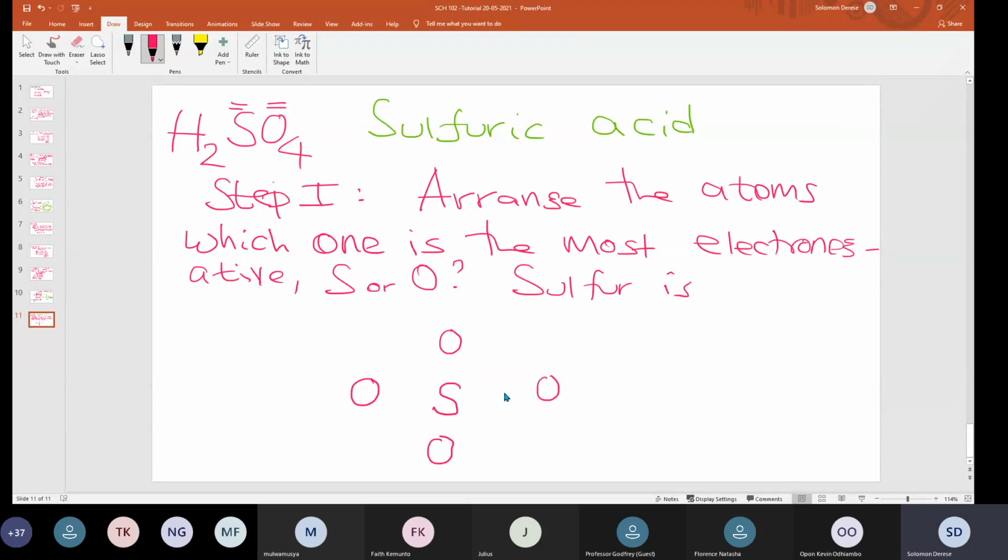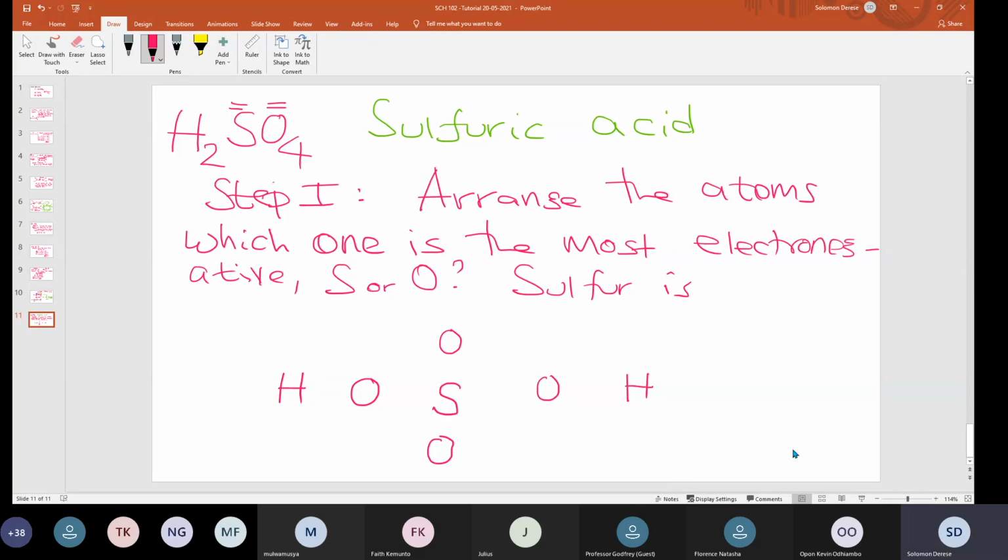The hydrogens can be placed in different ways. You can have a hydrogen on this side, you can have a hydrogen on this side, you can have hydrogen up here, or the hydrogens up and down, like that. All the same, we have two hydrogen atoms that are bonded to these oxygens, okay? So let's just make it symmetrical, and put one of the hydrogens in here, the other one on this side.